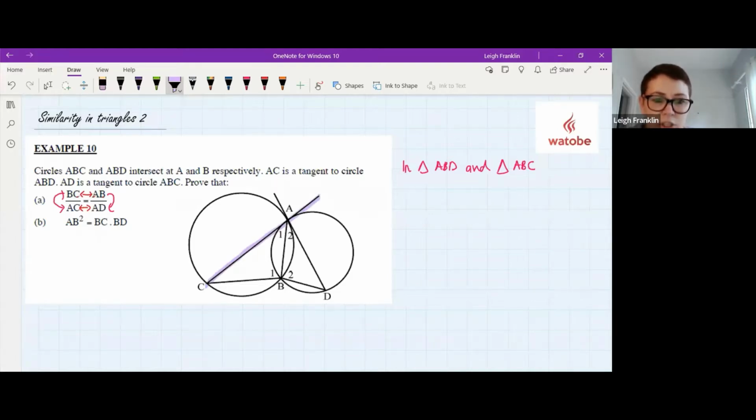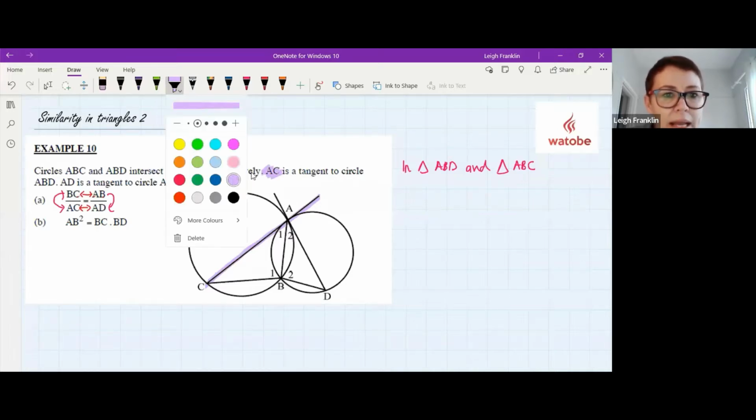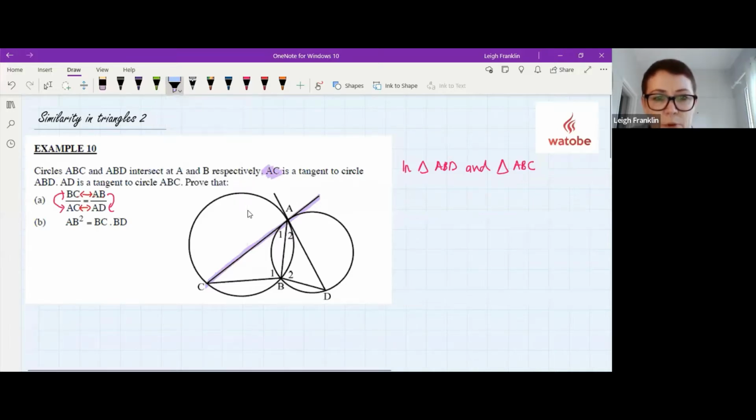And it is a tangent to the smaller circle at A. Then line AD, I'm going to highlight that in a different color. I'll highlight this in blue. Here's line AD. And line AD is a tangent to the larger circle, also at A.